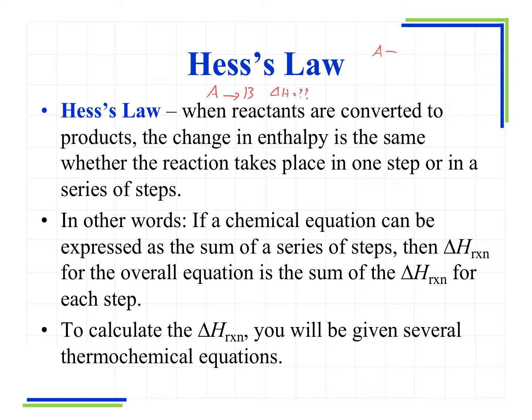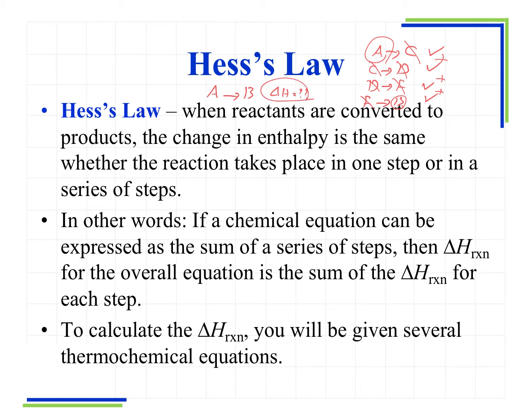If you have the delta H for A to C and C to D and D to F and then F to B, if you know the delta H of all these four, okay, so if you add all of these reactions together, so you cancel C with C, D with D, and F with F, what you have is going from A to B, okay. So if you add all of these delta H's, that would be the delta H of your A to B reaction, okay.